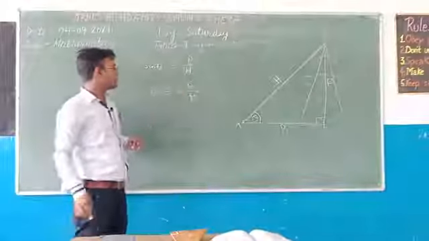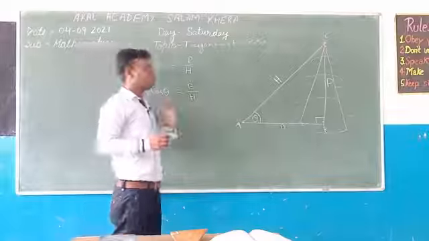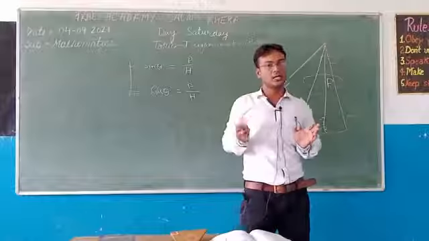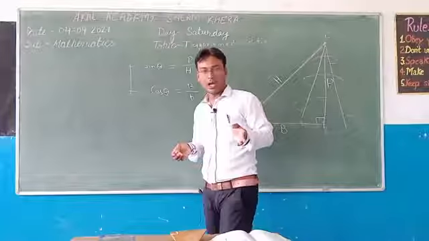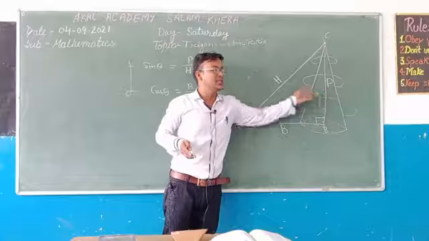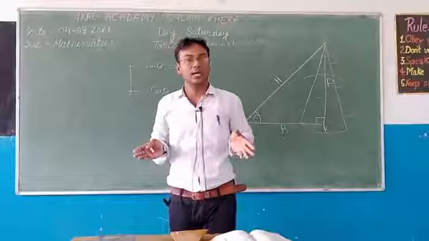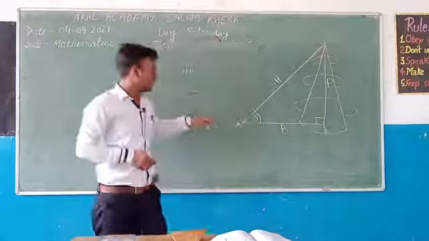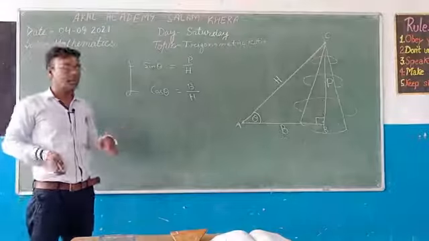So students, you need to learn these two types of ratios, sin theta and cos theta. Now can you tell me how many ratios you can take using these three sides? Yes, we can take 6 ratios. 2 we have already written, the 4 more we will write.